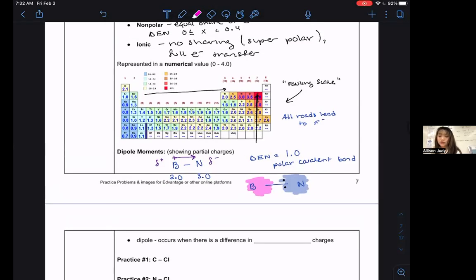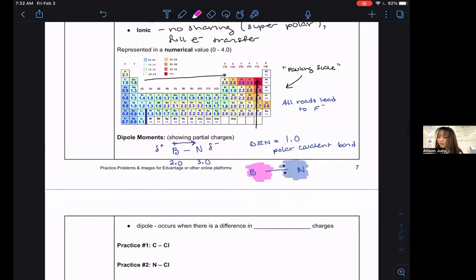because a full charge would mean I'm ionic, I have a full transfer of electrons. I'm still sharing, but I have a slightly more positive zone and a slightly more negative zone. And this delta is the Greek symbol that we use to represent partial, in lowercase delta.